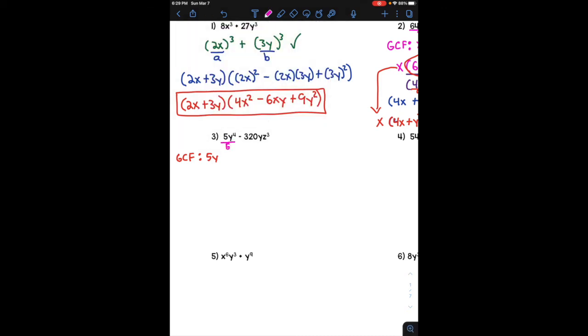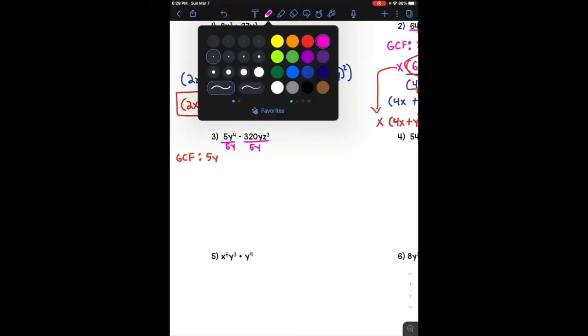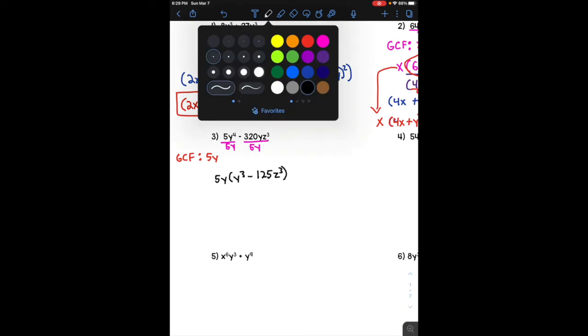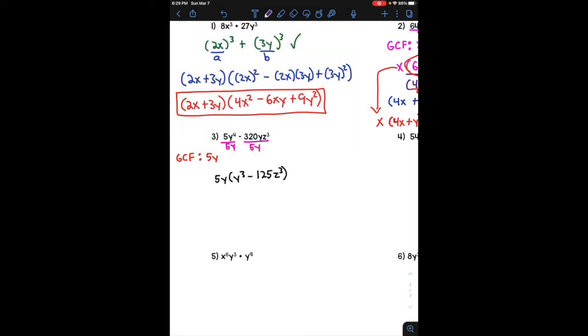In order to factor out the GCF, we divide those terms by the GCF and see what we get as the remaining expression. So we would have 5y times y cubed minus 125z cubed.